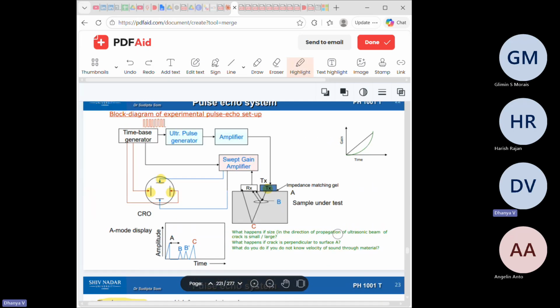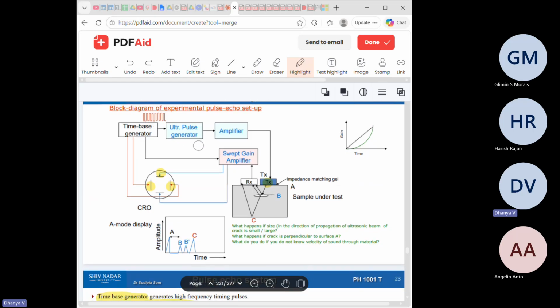So what it says is that this time-based generator will have frequent highs and lows, no? At lows, nothing happens. At highs, there's something happening. So the process should go on. This ultrasonic generator also keeps track of it. Only when it's the high period, it will generate the ultrasonic pulse.